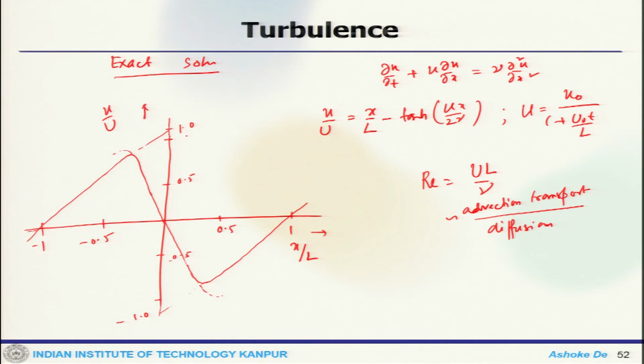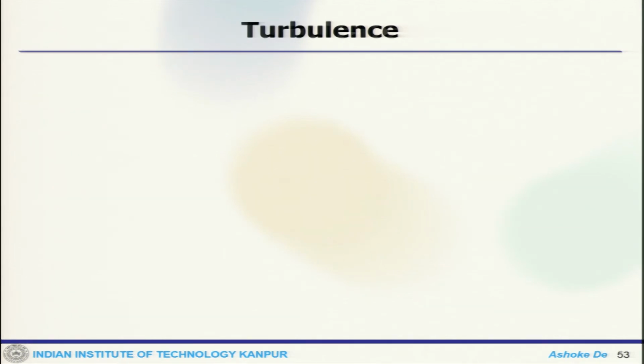So, that is an exact solution, and this is a simple system, one can just take some points and recreate this plot in MATLAB. Now, when you look at this, when my Reynolds number, which is u L by nu, is really high, that will lead to my turbulent situation.